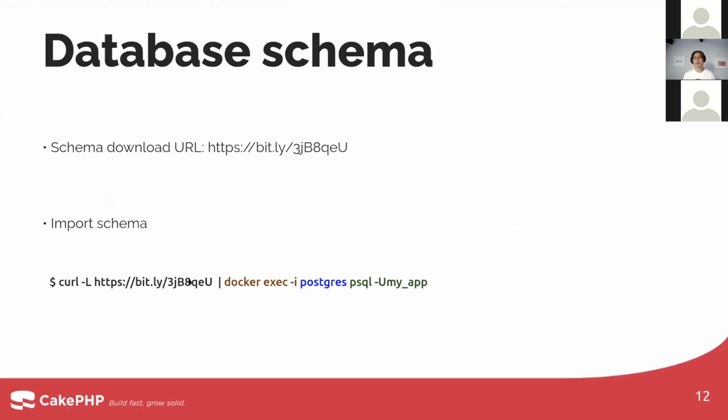Well, that's what we need for importing the schema. So you can see, we curl some output, we put it into docker exec, then the name of the container, and then the command psql user my app, right?